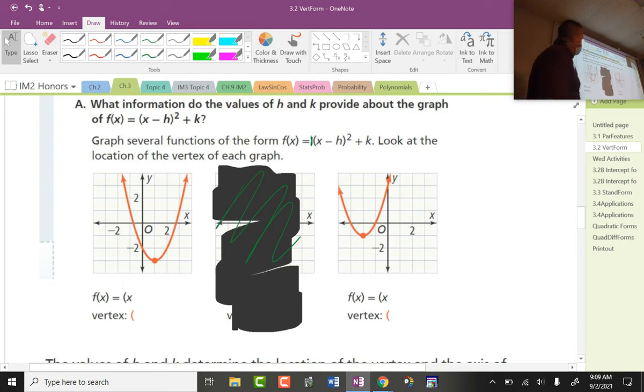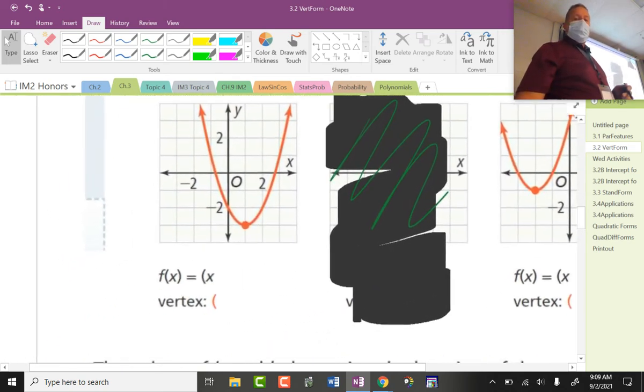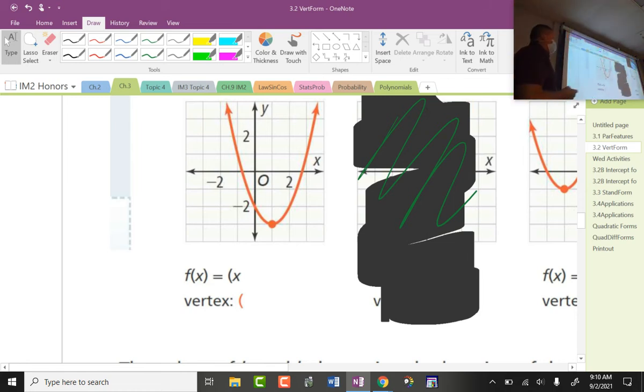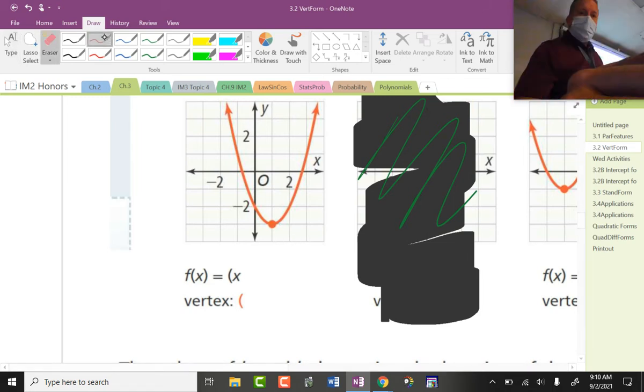What information do the values of h and k provide about the graph? Well, I think we understand that that's the vertex. It's not only the right, left, up, down shift. It's actually what the vertex is. We can prove this by input. Say it. Output. And I can prove that the a value, again, is 1. First of all, why is it 1? Look at this point, and then look at this point.